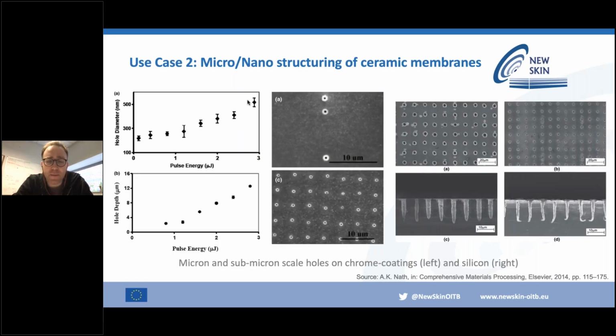And again, laser processing gives us very fine control. We can have very fine control of hole diameters from the nanometer regime all the way up to microns, and depths ranging from single microns up to tens of microns. So we can work with a range of different materials and film thicknesses as well. And this can be done again on coated materials or on base bulk materials.